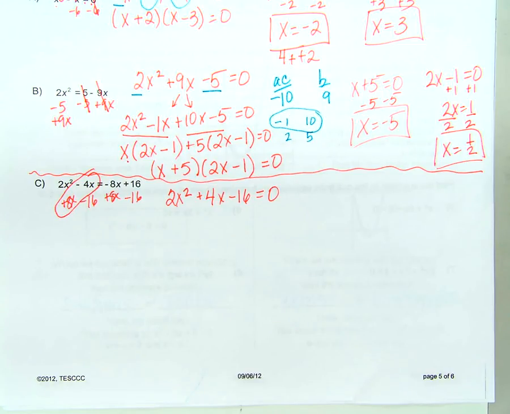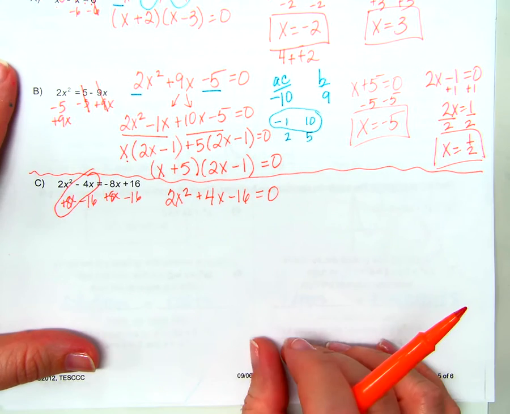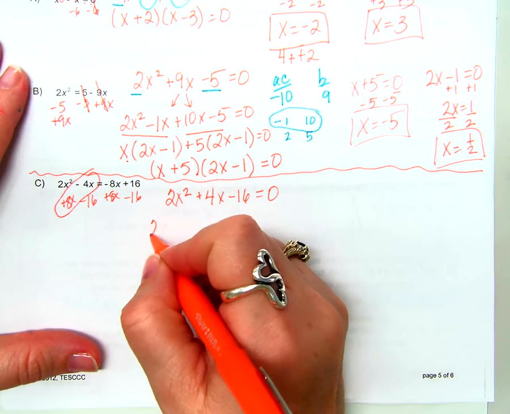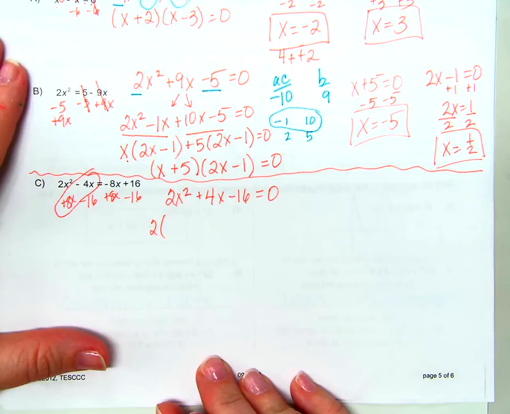It starts with a G, and then C. Greatest common factor, right? That's the easy way. Some of you were saying do the AC. You want to do the AC, we can totally get the right answer, but it's more difficult, it's longer, and it's bigger numbers. What is my greatest common factor here? A 2. What's left if I divide a 2 out of each term on the left-hand side of the equation?